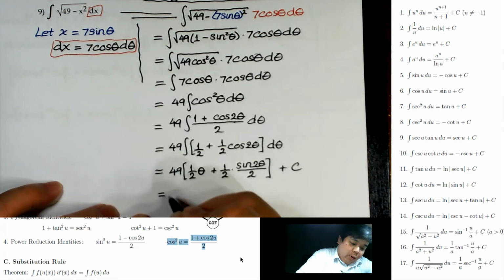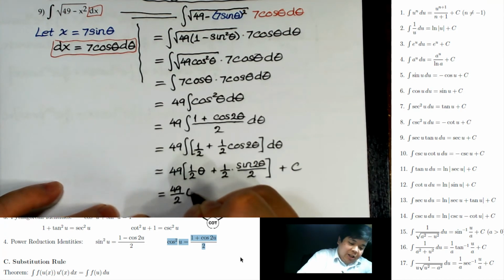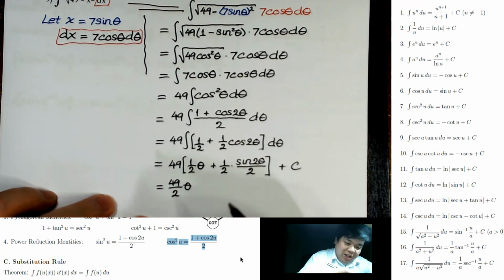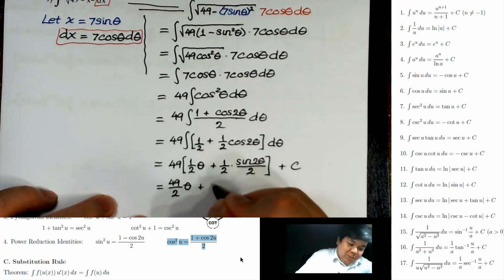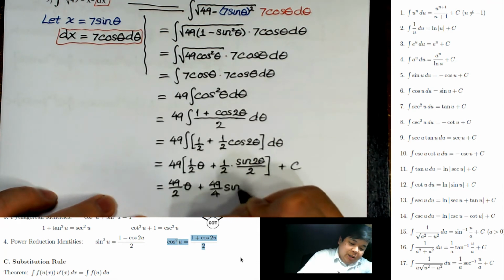So we have 49 over 2 theta. Sorry, it's a long problem, so I have to write a little bit smaller. Plus 49 over 4 sine of 2 theta plus C.